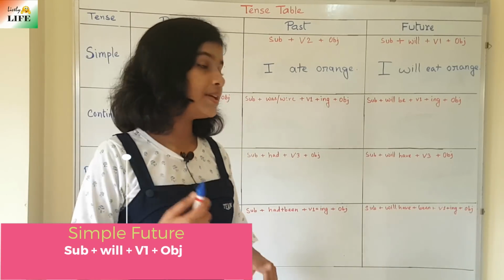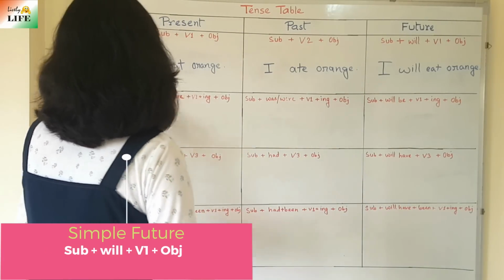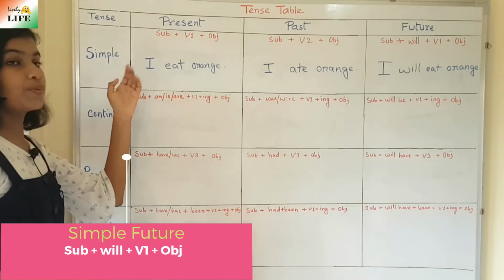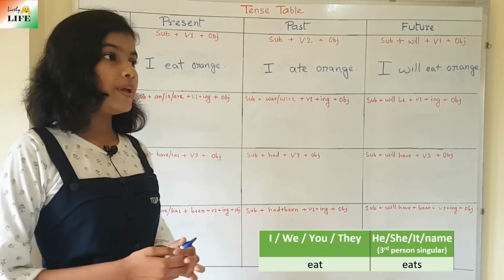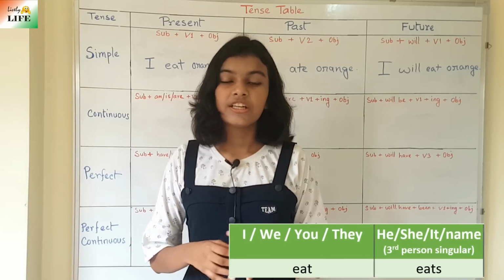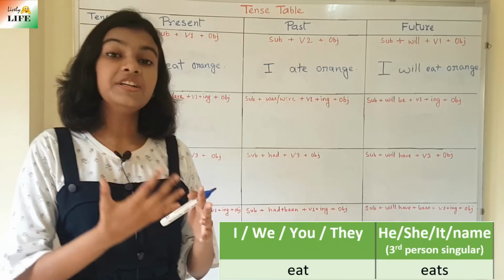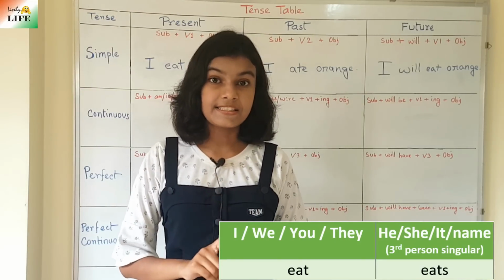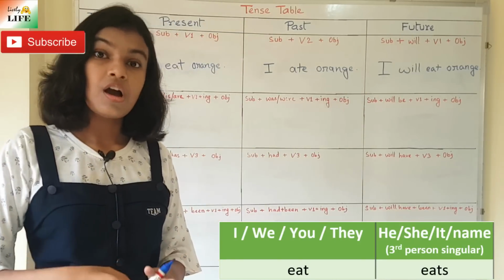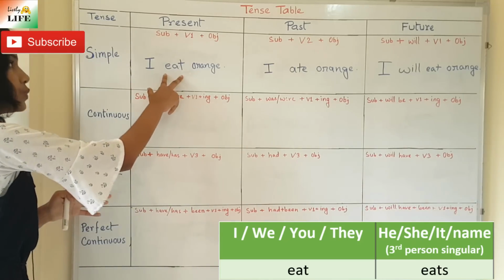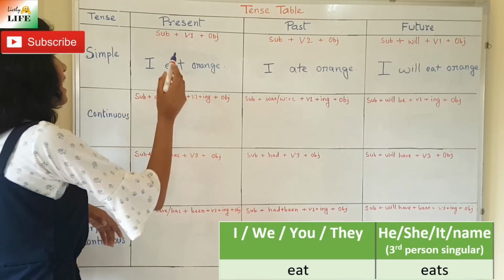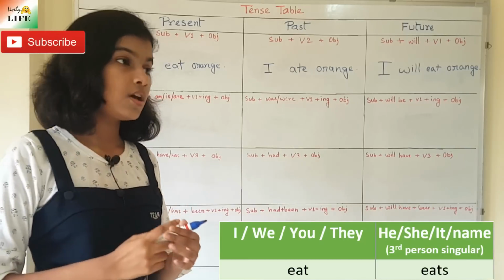Now here is the important point, that in simple present tense, over here as subject we have used I, so we can use he, she, right? So after third person singular forms like he, she, it, or anyone's name, yes, we do use V1 form, but after that we have to add S or ES.